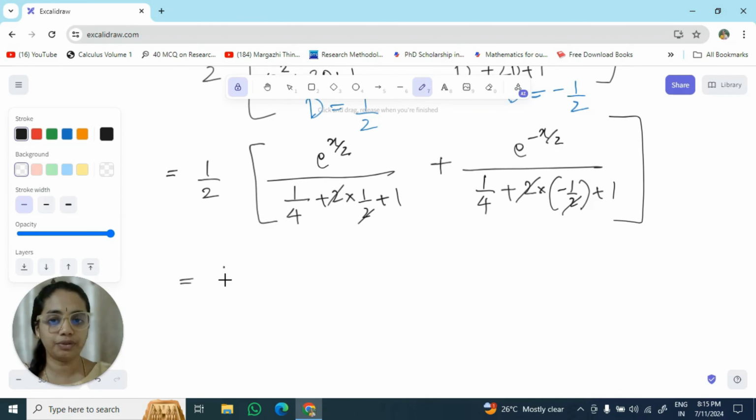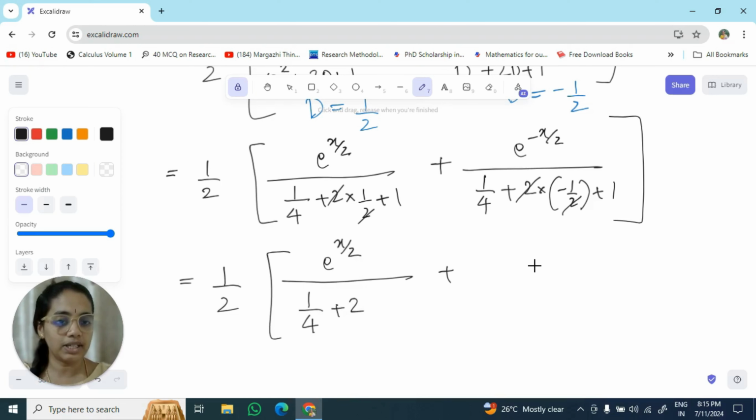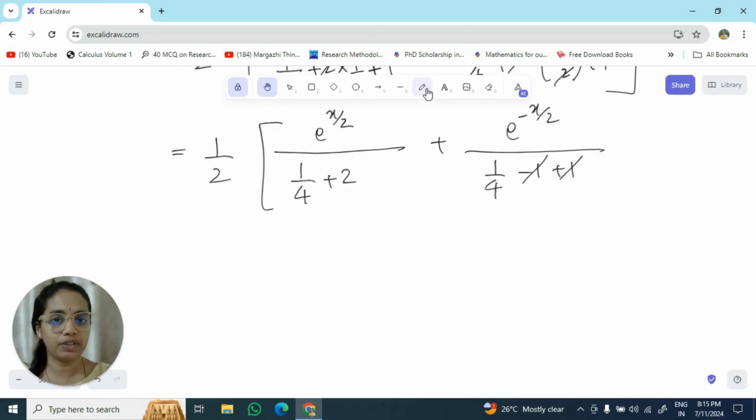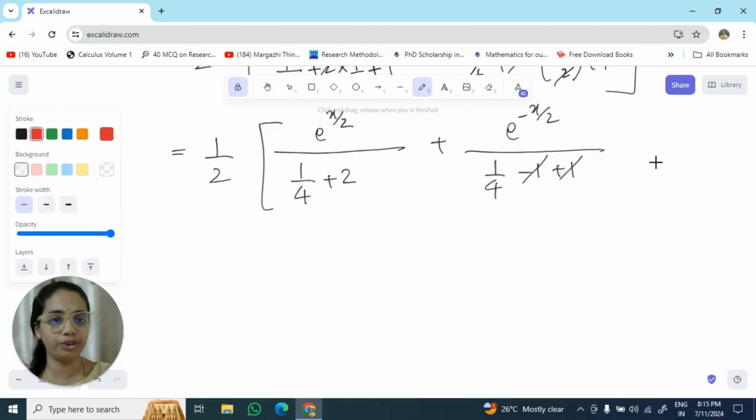What are we left with? We are left with 1 by 4 e power x by 2 divided by 1 by 4 plus 2 plus e power minus x by 2 divided by 1 by 4, negative 1 and positive 1. Don't forget the negative term. Okay, so plus 1 minus 1 gets cancelled. What is the LCM over here? What is the LCM of 1 by 4 plus 2? Clearly the LCM is 4. So cross multiply. 1 remains as it is. 4 2s are 8.